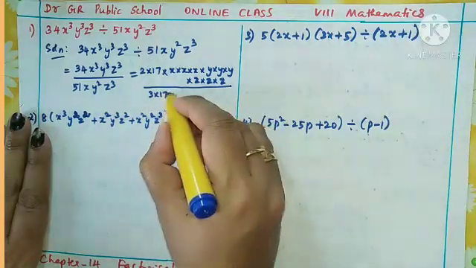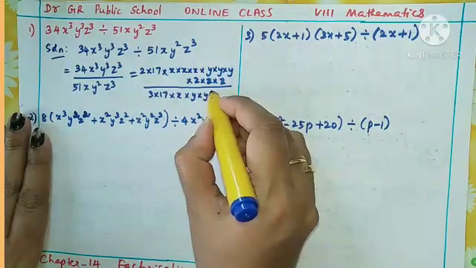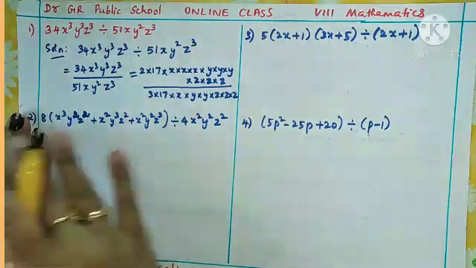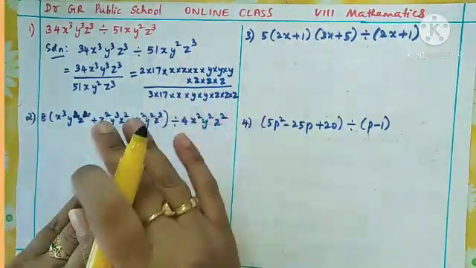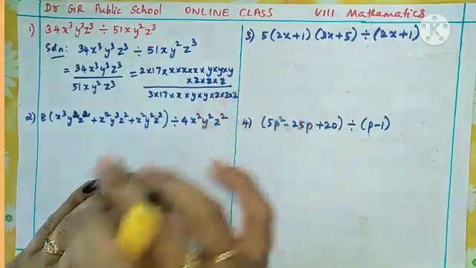Then x, then y square, y into y, then z cube, z into z. So all the terms we wrote as a product of factors. Now you can do the cancellation method and find out the answer.